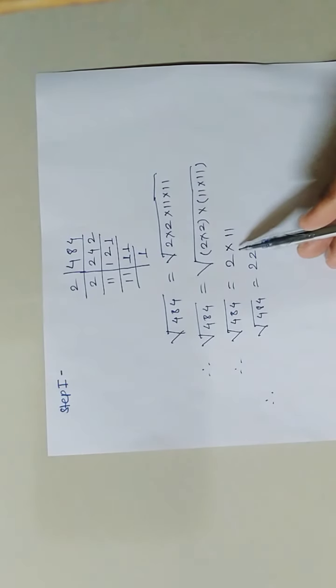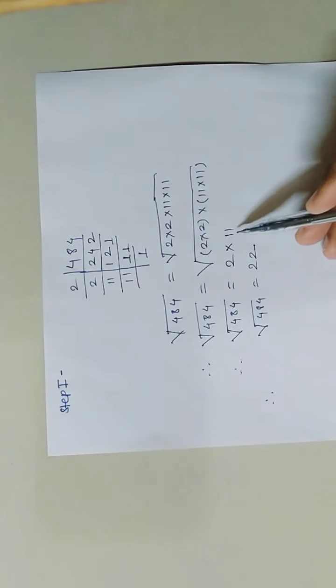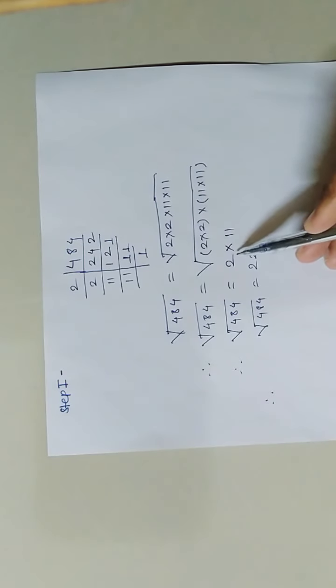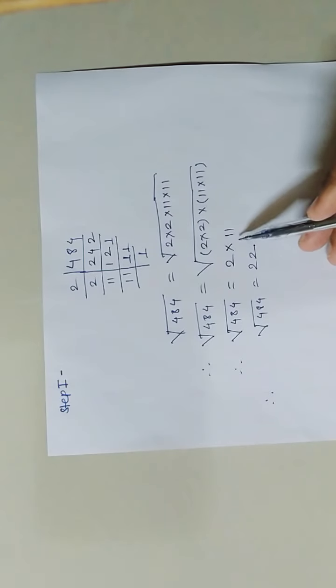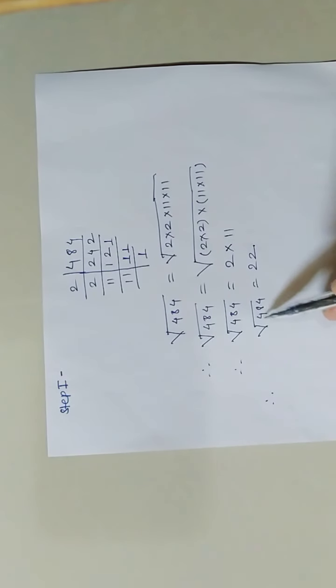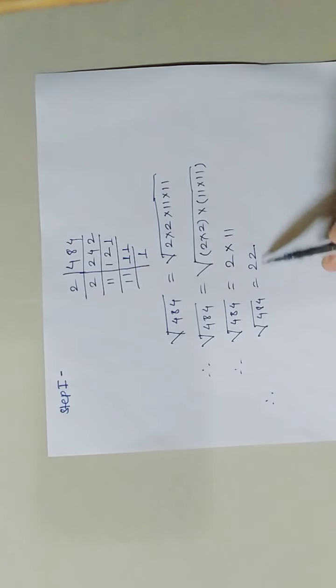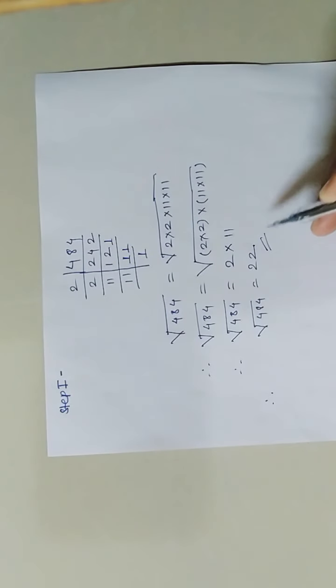The product of these two is the square root of 484, that is 22. So therefore the square root of 484 is equal to 22.